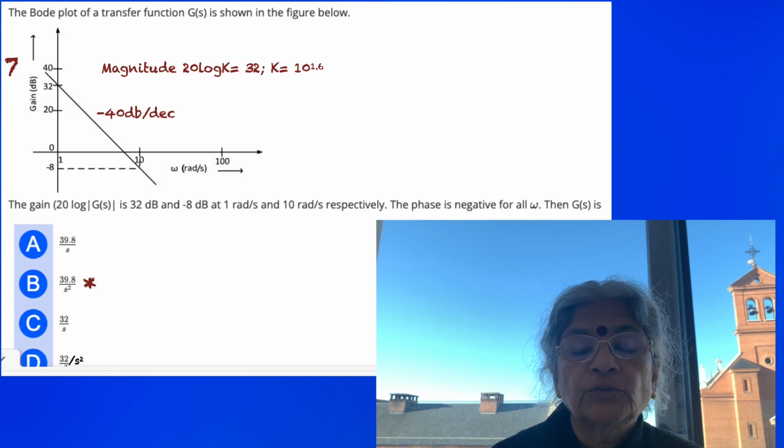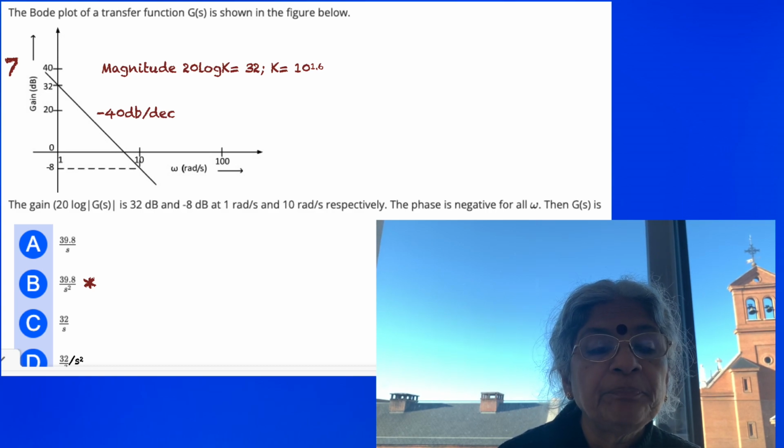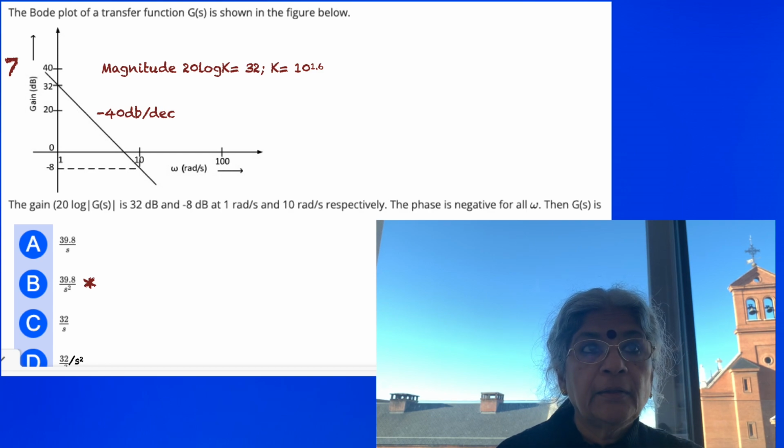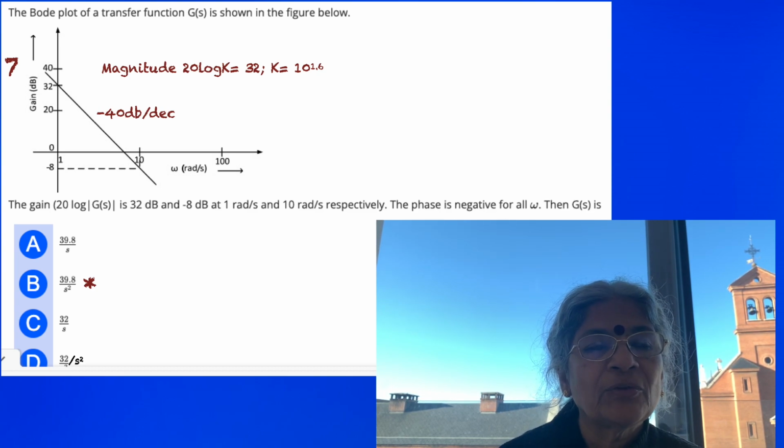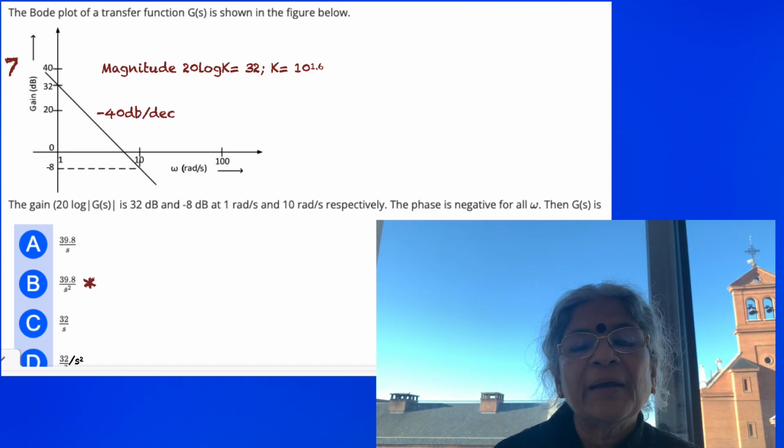So now what do we have? We also see that there is a frequency of 1 wherein the magnitude happens to be 32. So 20 log k is equal to 32, because 20 log k minus 20 log 1, which is 0, because that's the frequency. And it is k by s square, so 20 log k minus 2 into log omega, where omega is equal to 1.